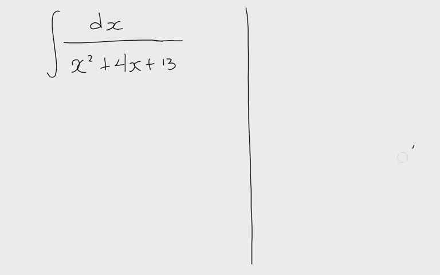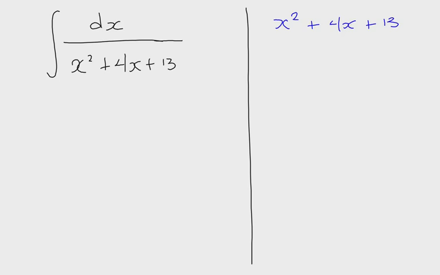Now, look at the method. x squared plus 4x plus 13. What you first do here is, take note, this x squared must have a coefficient of 1 to apply this approach.